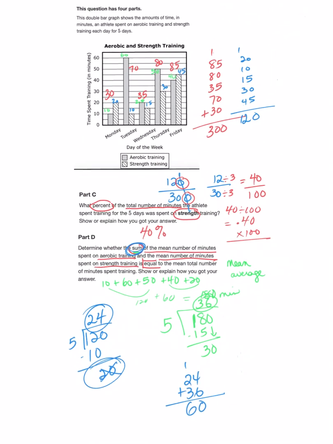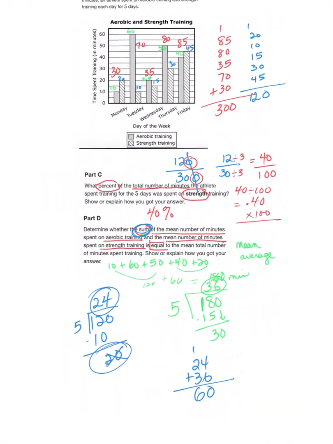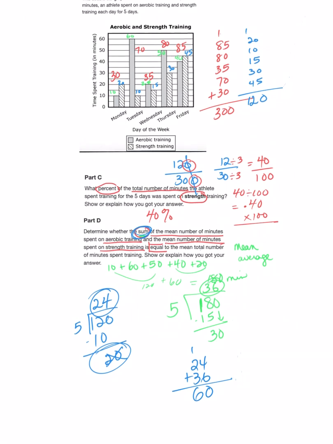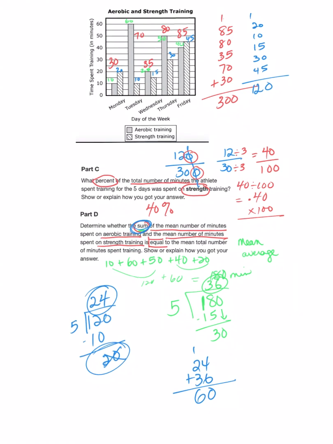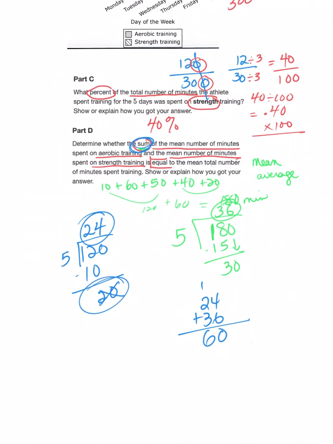The total minutes we previously added up, and that was 300. And again, we got that from part C as well. So 300 divided by 5 is going to give me 60, because 6 times 5 is 30, and then we have the extra 0 to fill the spot. So actually, the answer is yes.